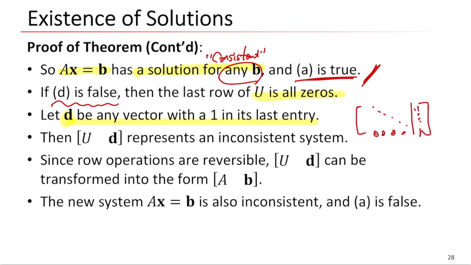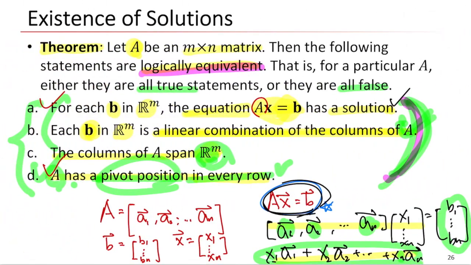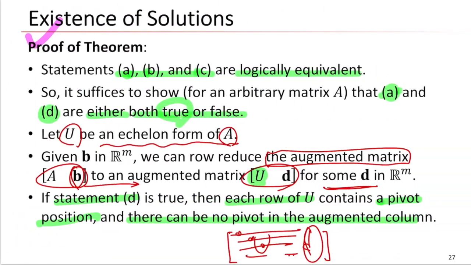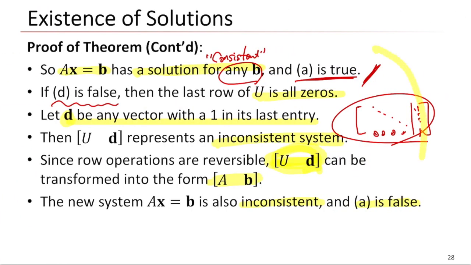In this case there is no solution, so the system is inconsistent. Because the system from U and d is inconsistent, we can say that the system A, b is also inconsistent. So in this case A is false, because Ax equals b has no solution. This is the proof of this theorem.